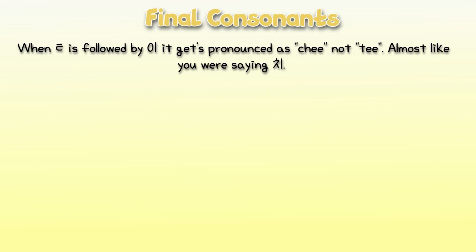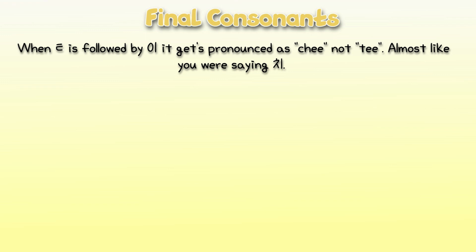Next, tiut turns into chi. I would like you to notice that the actual character is not changing, but its sound. So when I tell you that a character turns into something else, it's still the same character, but the sound is different. If you have the consonant tiut followed by the vowel i, it gets pronounced as chi instead of ti.